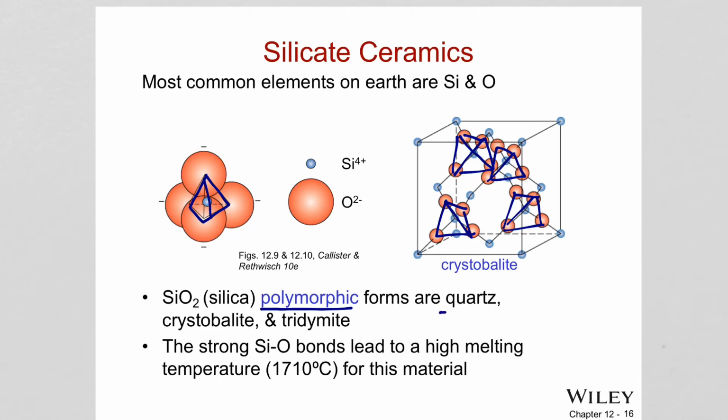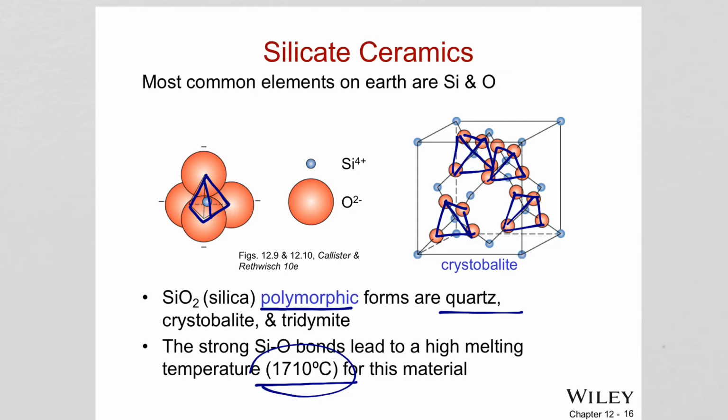One of them is quartz. You guys might be familiar. And these structures have very high melting points because of the covalent bonds they have. It is also the main component of glass.